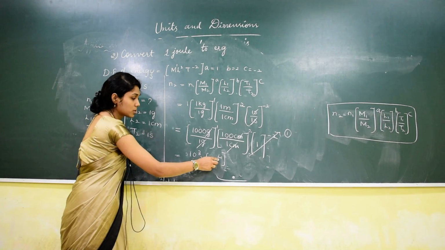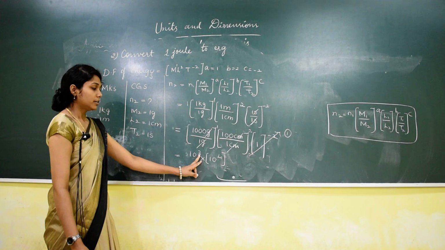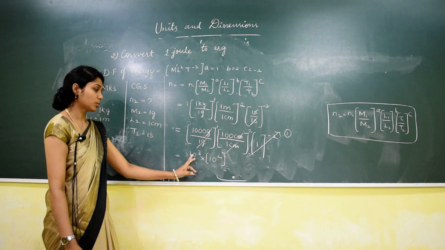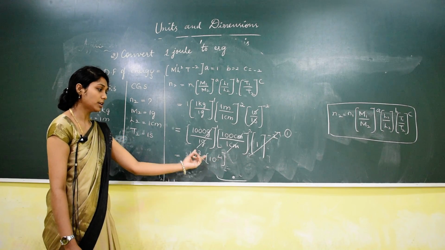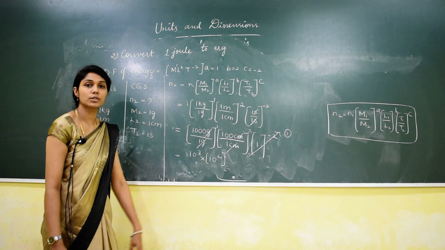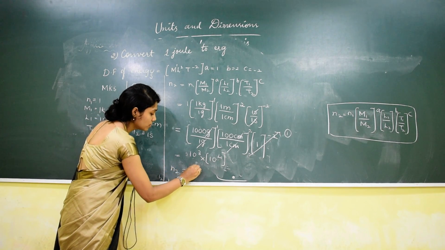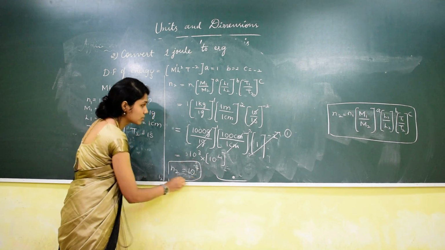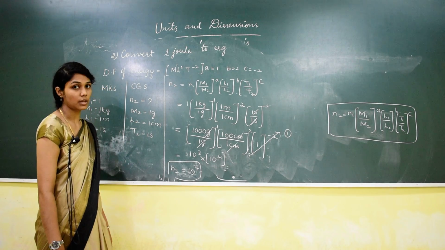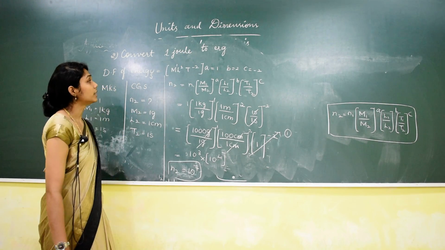So again here, 10 cube into 10 raised to 4. Again I have to add the powers here. Adding the powers, 3 plus 4 is equal to 7. N2 is equal to 10 raised to 7. So here I can say that 1 joule is equal to 10 raised to 7.